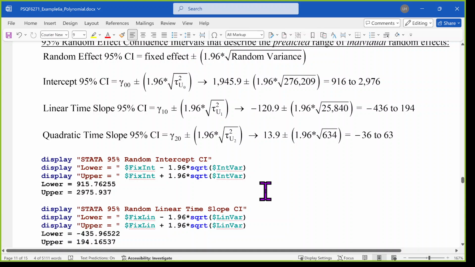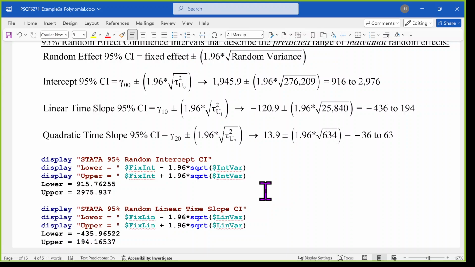So the idea of a random effects confidence interval, it's a way of conveying what the size of the random variance is actually doing in the scale of the original variables. So like a variance of 276,000 is not a number that most people can do anything with in terms of interpretation. But if you take the square root of it, that turns it into a standard deviation.